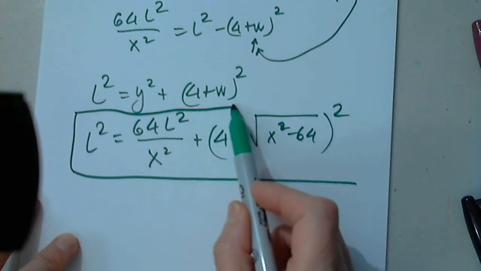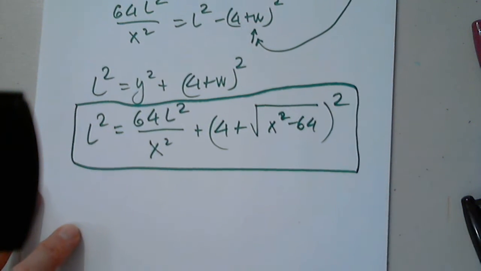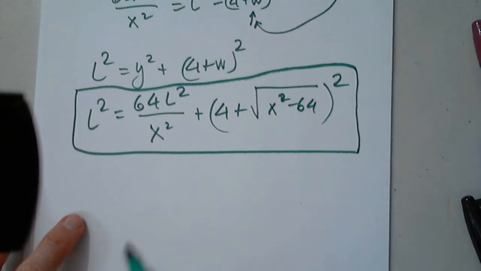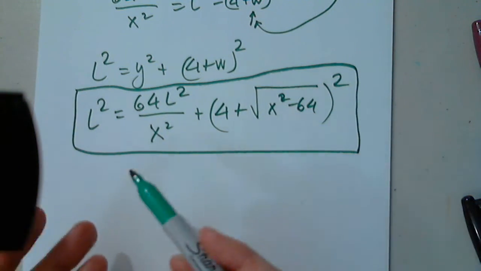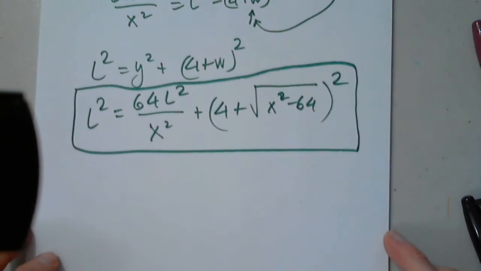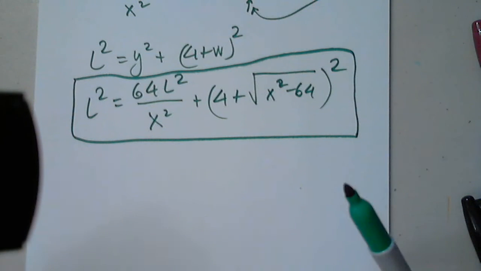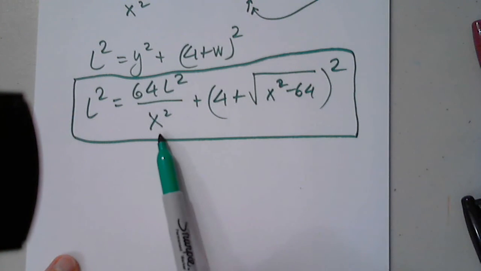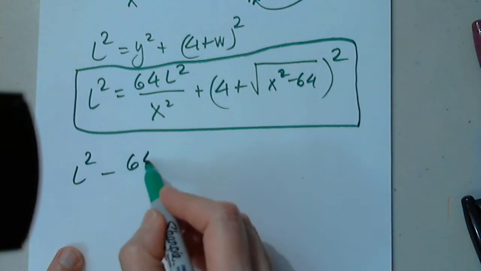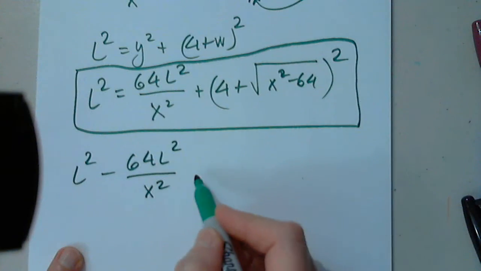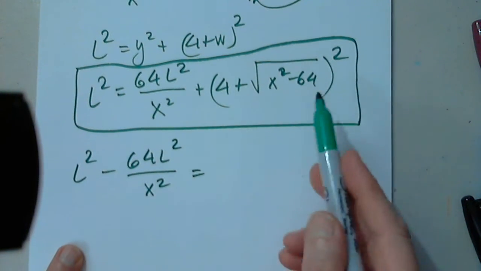This is not done, it's not cleaned up yet, because I have to have just L squared on one side, or it doesn't matter really, because we're going to differentiate anyway. So I'm going to move this to the other side. And here I can even square.